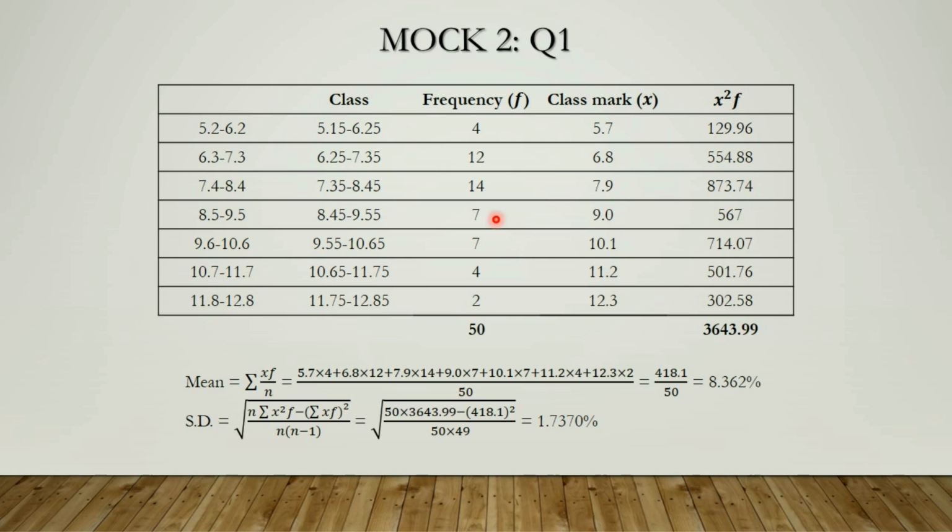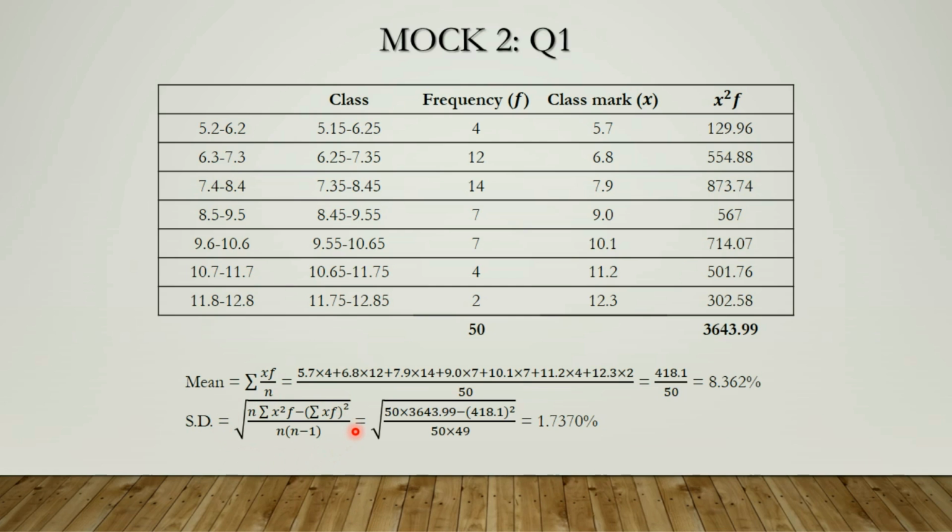Then we multiply each class mark by its frequency to get the numerator for the mean, and n here is 50, which comes from the sum of all the frequencies. Dividing the numerator by n, we have the sample mean, which is 8.362%. Then we use this figure to help us calculate the sample standard deviation.